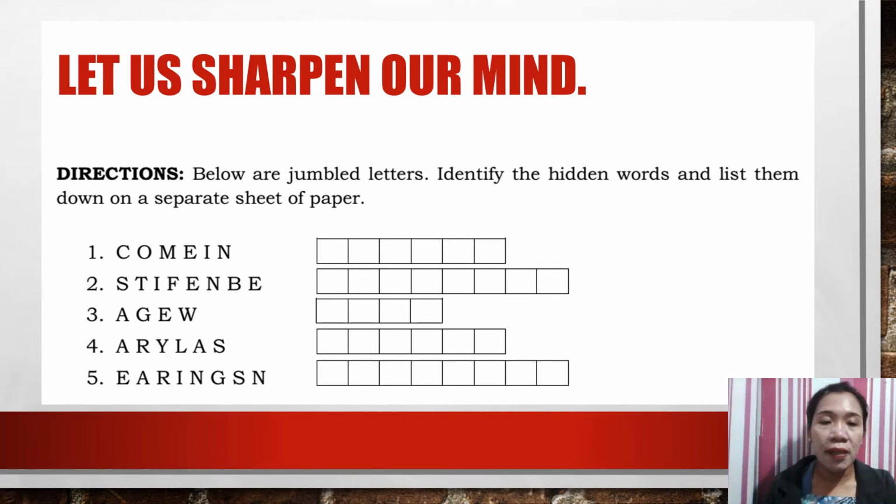Now, number 1 is COMEIN, 2 STIFENBE, 3 AGEW, 4 ARYLAS, 5 EARINGSN. So those are the 5 jumbled words that you will encounter in our discussion on the gross and net earnings. Let us start.